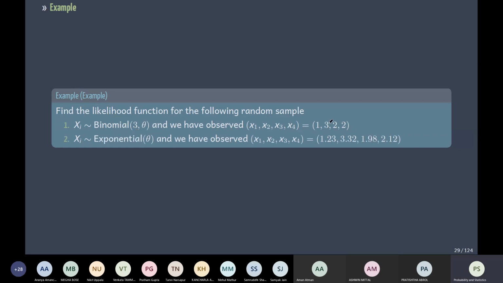This is the observation I make. Then another set of random variables comes from an exponential distribution, and we have made an observation like this. So, find the likelihood function for the following random sample. Let us work with this.